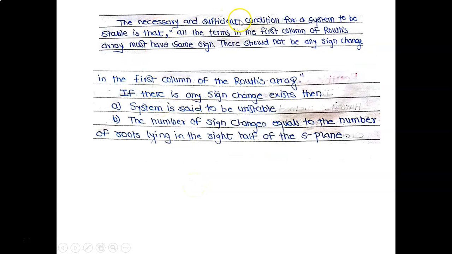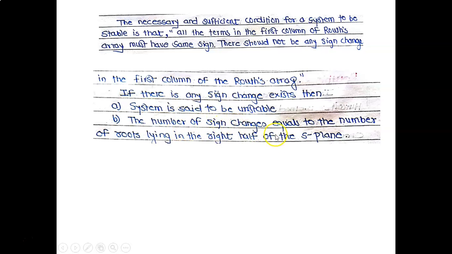The necessary and sufficient condition for a system to be stable is that all the terms in the first column of Routh's array must have the same sign. There should not be any sign change in the first column of the Routh array. If any sign change exists, then the system is said to be unstable.